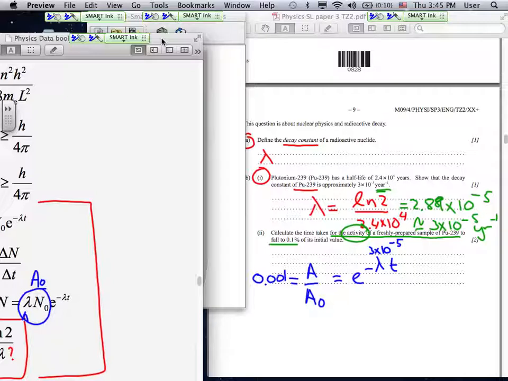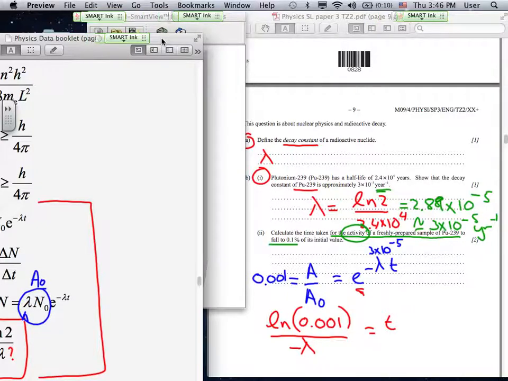I'm going to change it away from my exponential form into my log form, and that's going to be the ln of 0.001. I use my natural log because I'm to the e, and that would equal your minus lambda t. So I'm going to divide by my minus lambda, and that will give me t.